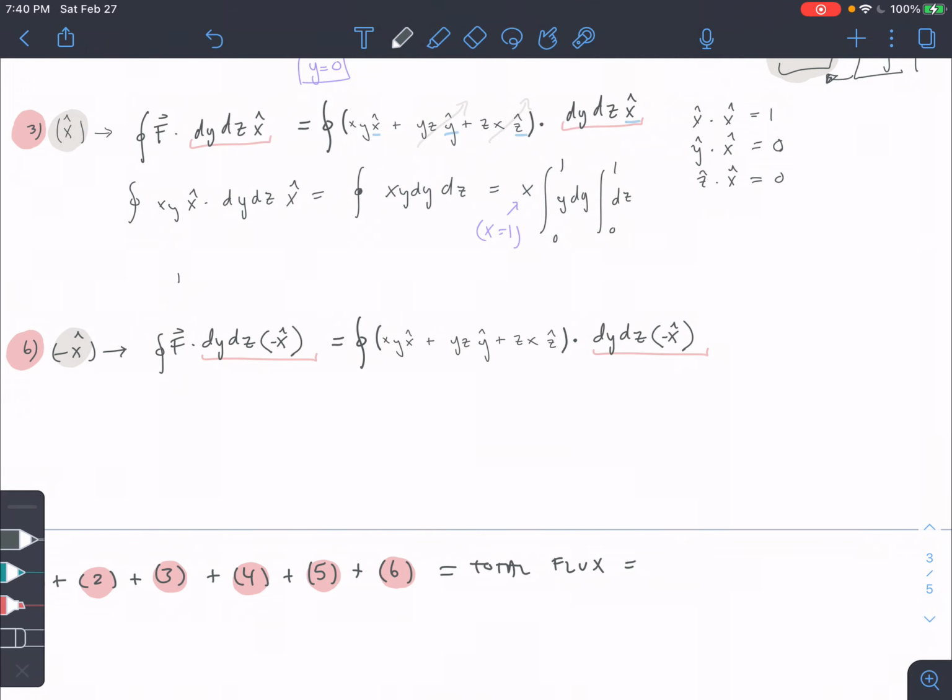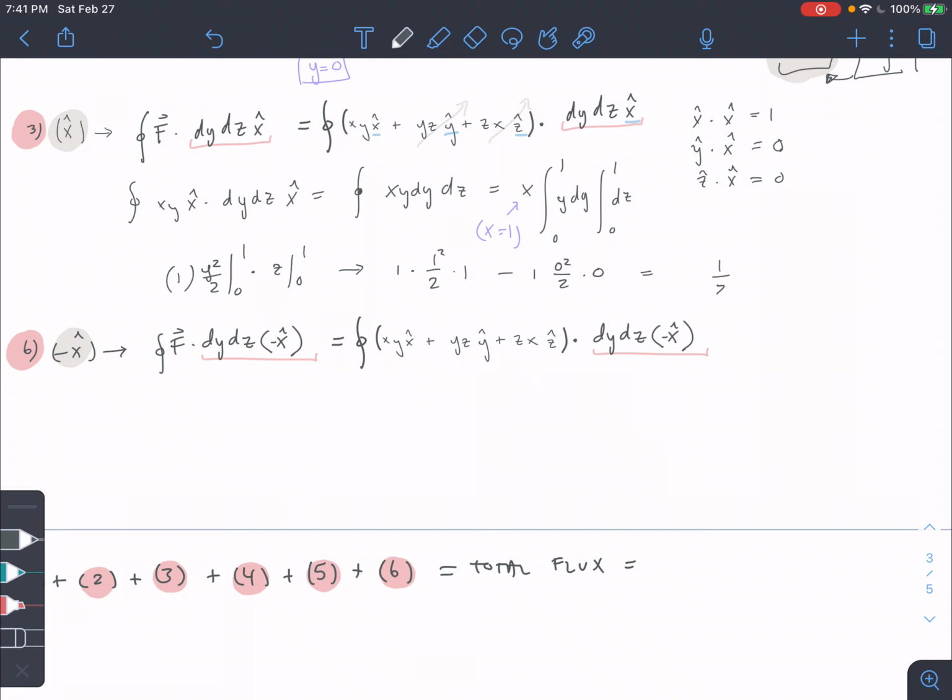So we have 1 times y squared over 2 from 0 to 1, times z from 0 to 1. When we evaluate that, we have 1 times 1 squared over 2 times 1, minus 1 times 0 squared over 2 times 0.